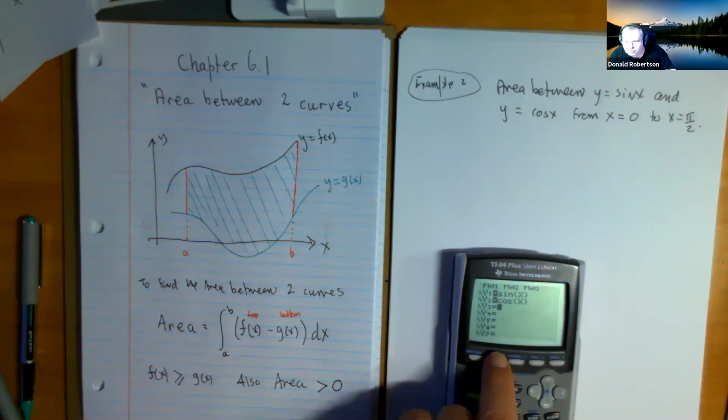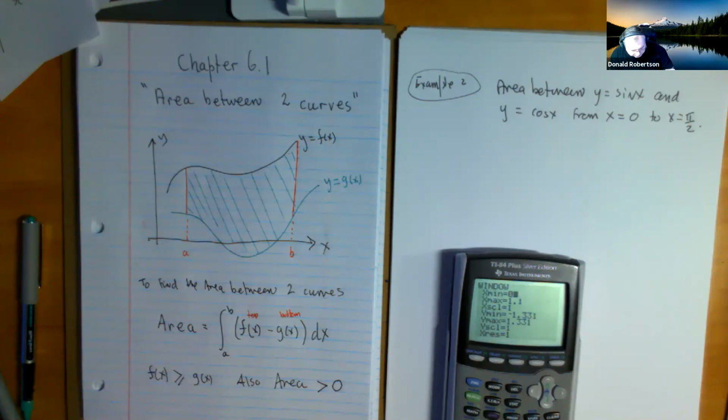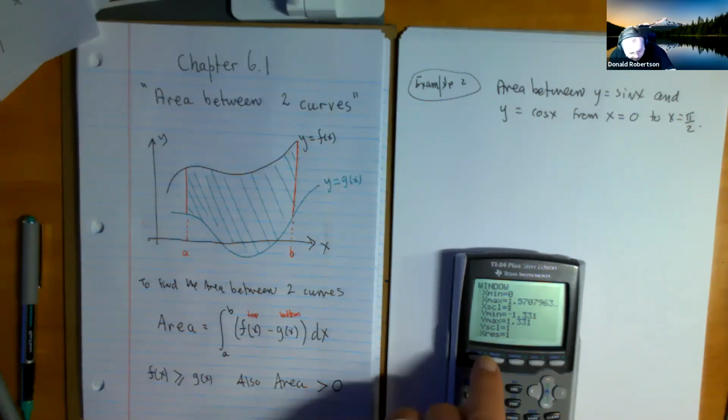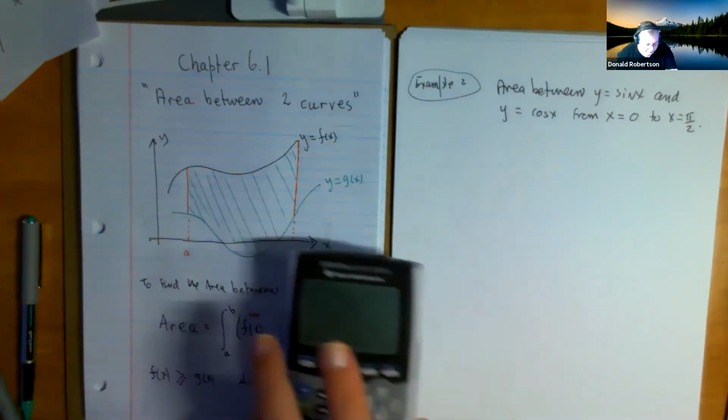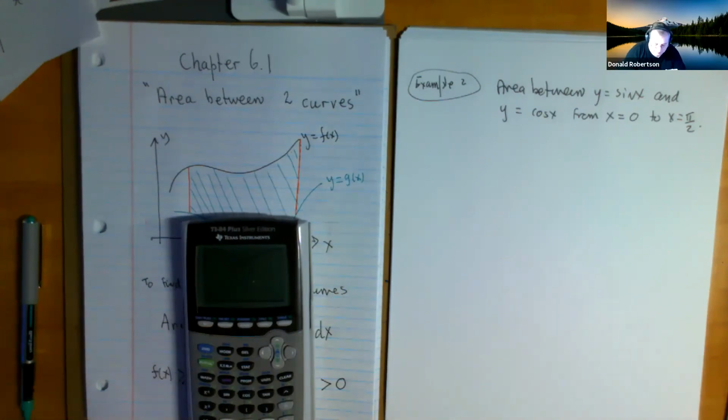And since I already know it's from 0 to pi upon 2, I don't have so much to worry about, because that's going to be my x min and x max. And then I just do zoom 0, and it'll give me a pretty good picture. Okay, so now I've got something to work with.